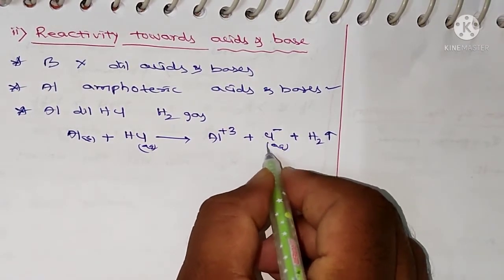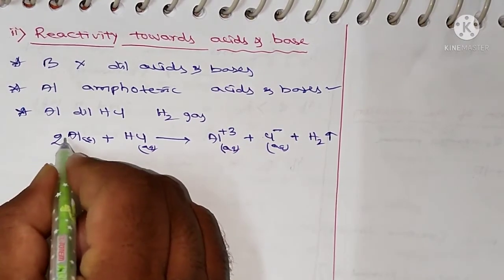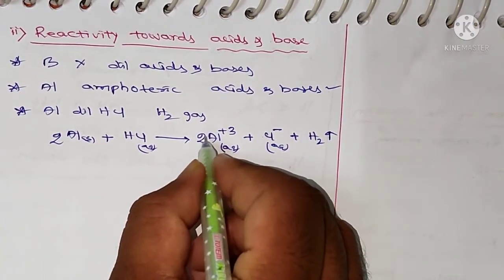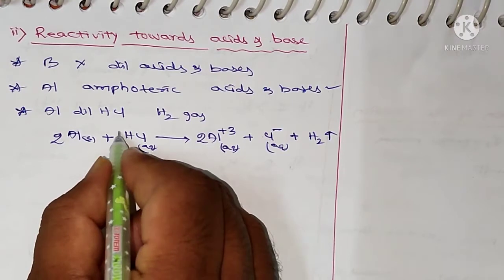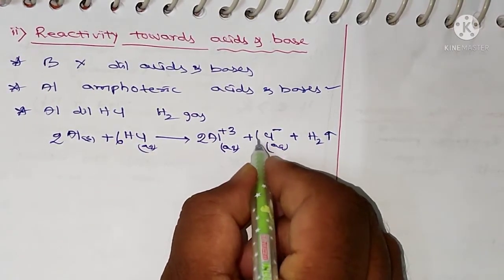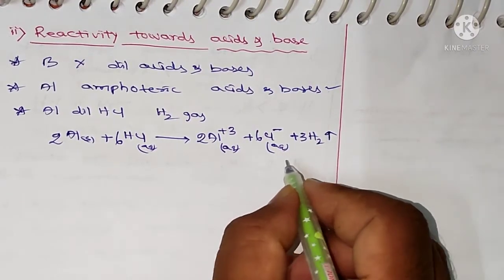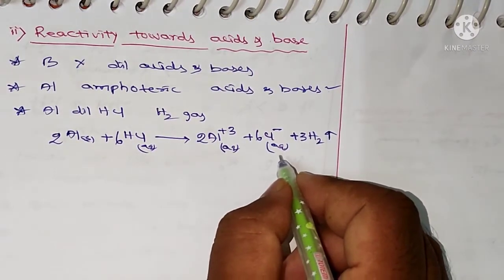Balancing: here 2, here 6, here also 6, then here 3. Now it is a balanced equation.